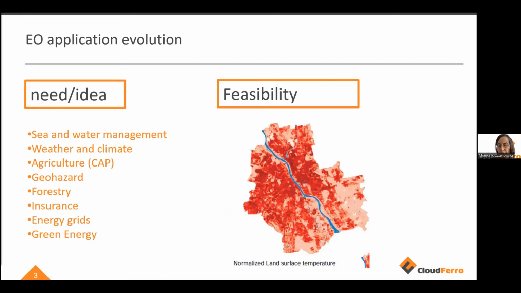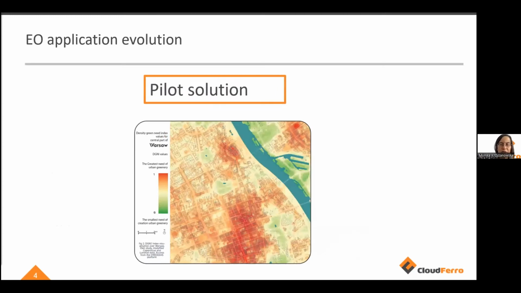So it was a very short work. Within 2 months he landed with a small pilot solution saying, yes, it would be nice to put the trees where it's very hot. So it's just a very generic idea, but it shows that you can see something, you can have some result that could be interesting for somebody.